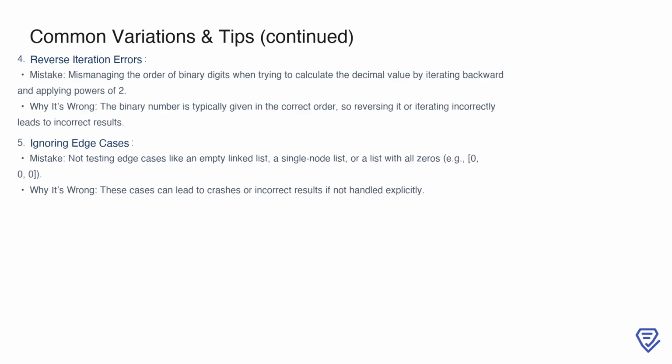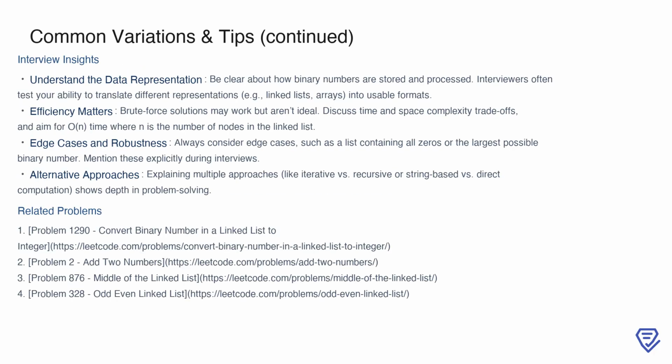In interviews, it's important to demonstrate a clear understanding of how binary numbers are represented and processed. You may encounter variations where the binary data is provided in different formats, such as arrays or strings, and you'll need to explain how to translate these into usable forms. Efficiency is another key factor. While brute force methods might solve the problem, they're rarely optimal.